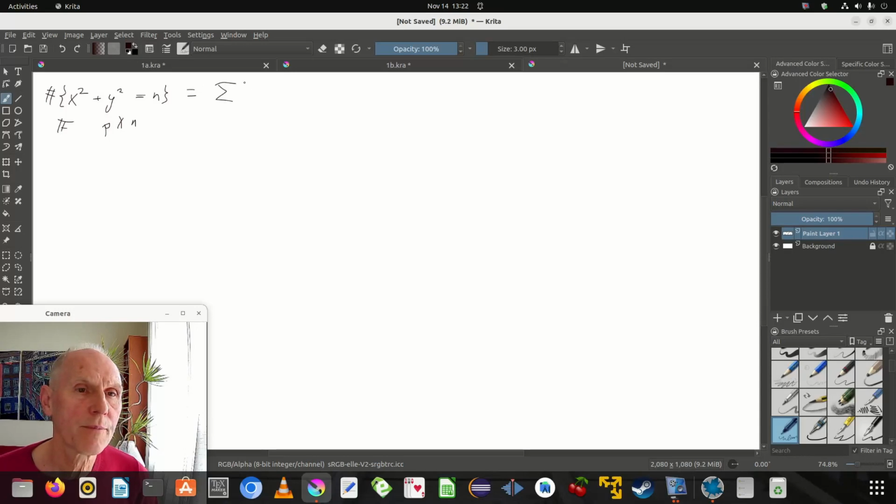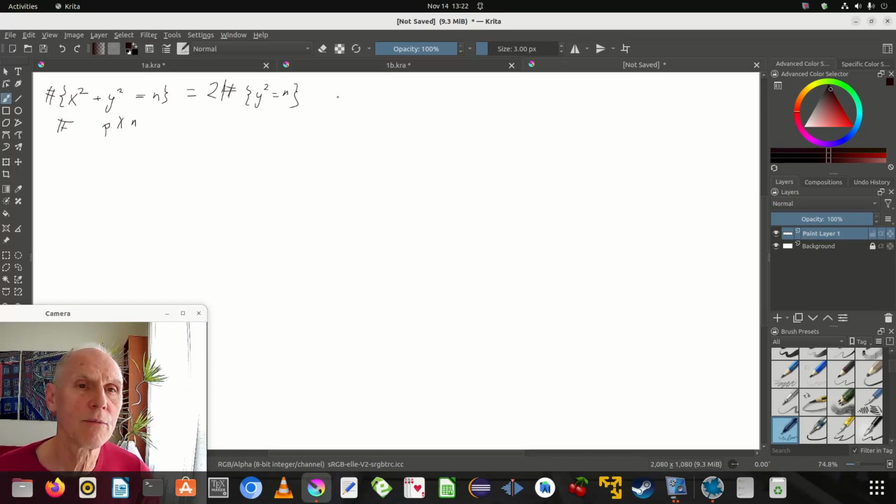So we sum. First we take out the cases where one of them vanishes. That'll be relevant in a second. So first, where x is naught, then it's not a sum, it's just the number of solutions to y squared equals n. And when y vanishes, it's the same.